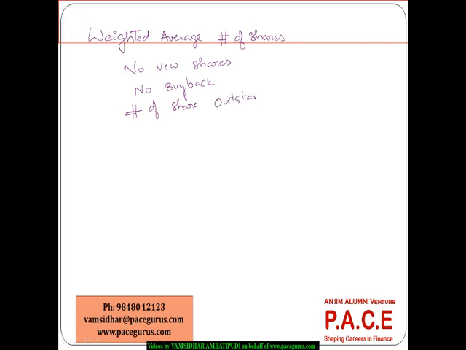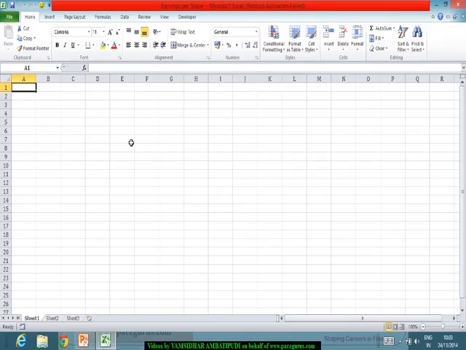It's just the number. But if some of these things have happened, that is where the differences in the computation come out. So let me take a small example, as I am more interested in the weighted average number of shares outstanding.